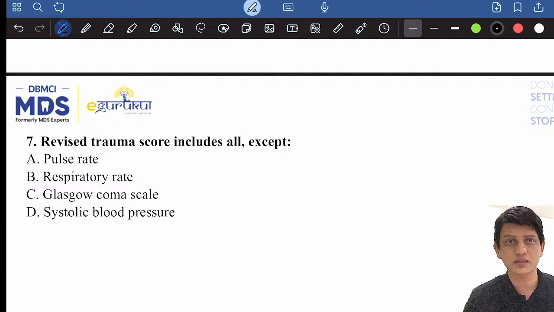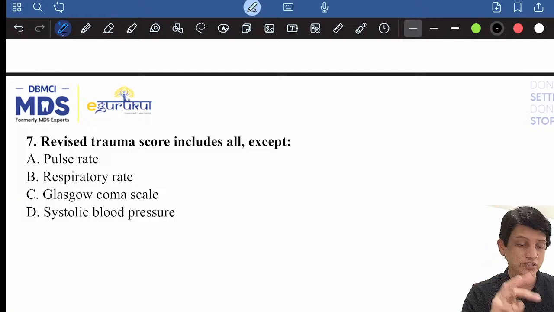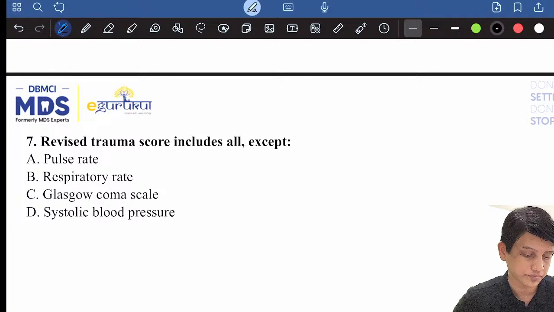So many various trauma scores we have discussed, and in that, RTS. I told you which is the most important one, and here is the question you see in the PYQs. It includes three things; they are asking which is not a component of it. Okay, very good.